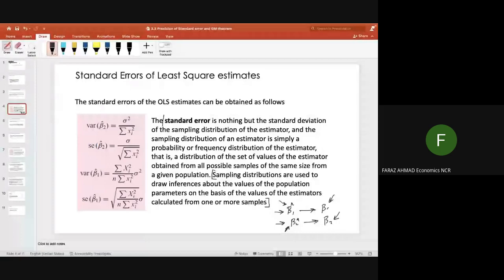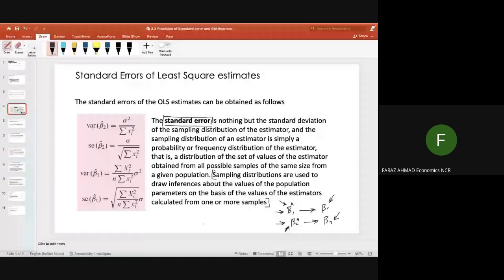So let us understand what standard error is. We had a discussion on it last time also, so I'm repeating the story again. Suppose there is a population of size 100, and suppose you took a sample of size 10 from this population and picked 10 observations randomly.